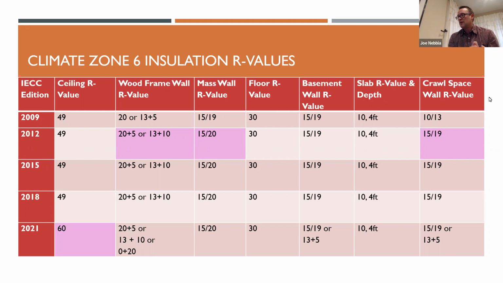It's not additive. I don't just need a total of R25, right? In fact, I don't just need a total of R23 in the next option. I need a 20 in the cavity plus a 5 to the exterior. And if I go less than 5 to the exterior, it's not a one-to-one trade-off there.